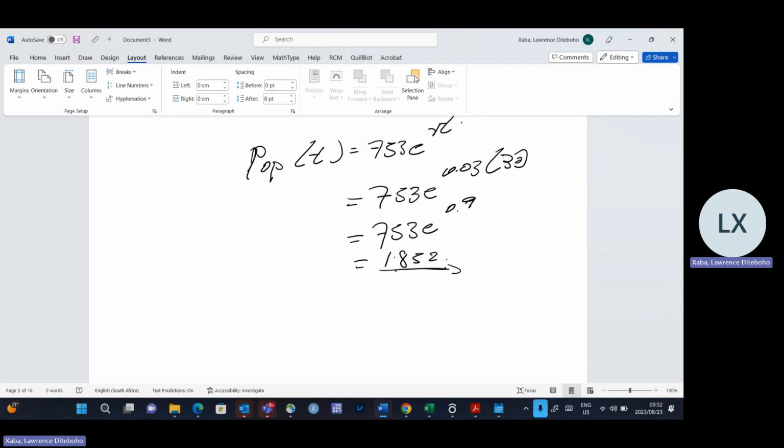But if everything goes well, based on the population that we have in 1980, and we study 10 years, 30 years to come, then after 30 years from 1980, if the population of that village, of that township is 753, we know the population will be 1,852, which is in 2010.